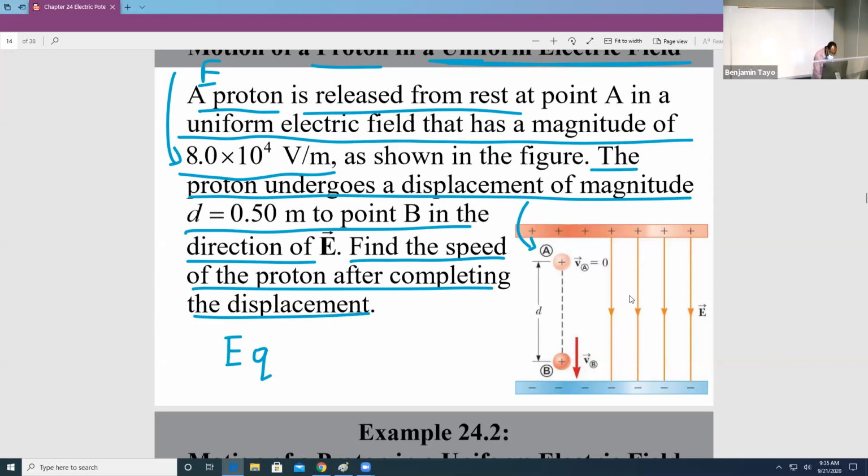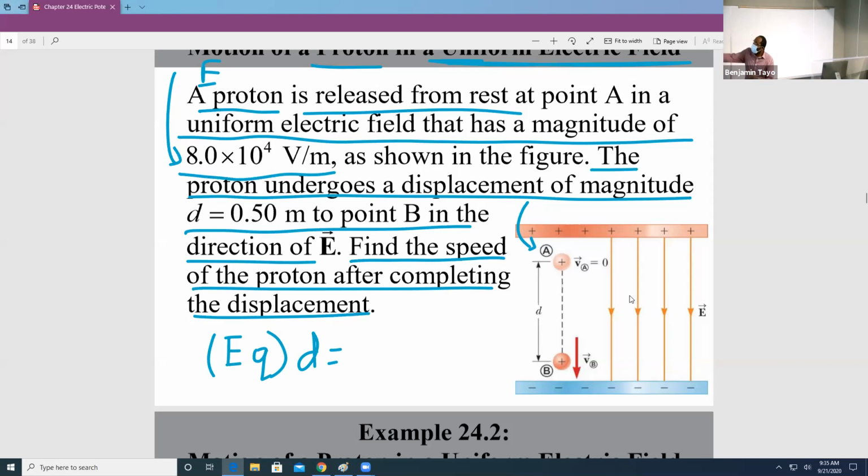Now take this force and multiply it by the distance that the proton is going to travel as it goes from point A to point B. What is force times distance? It's work, which is energy, right? So we know that all of this is energy, and this energy is going to cause the proton to pick up speed.